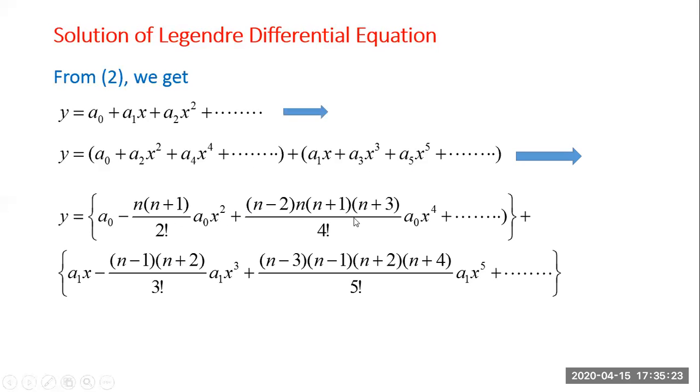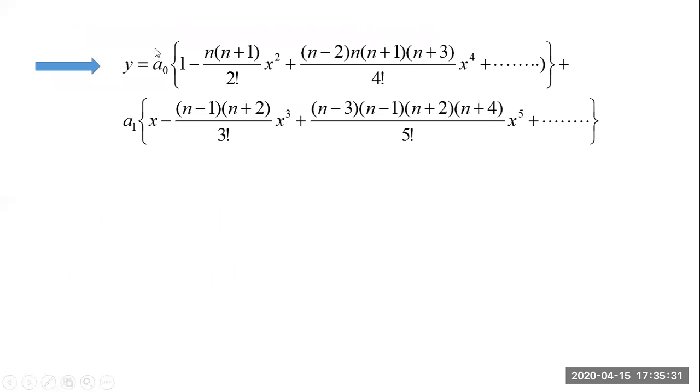So in this first bracket, take a0 common, a0 outside. In the second term, take a1 outside. So we get a0 into this sum plus a1 into this sum. So I denote this entire sum by y1 of x and this sum by y2 of x. So the solution of the Legendre equation is given by a0 y1x plus a1 y2x. This is like c1 y1 plus c2 y2.